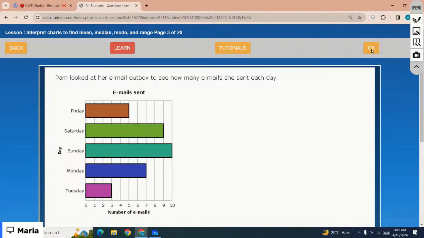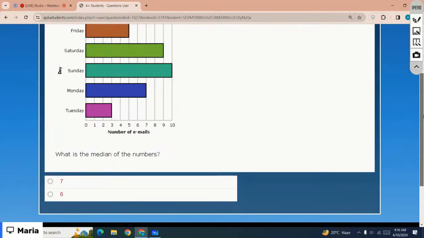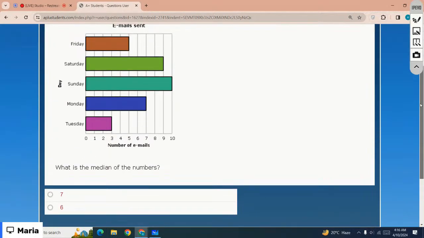Okay, Pam looked at her email outbox to see how many emails she sent each day. What is the median of the numbers? You have to calculate the median, right?